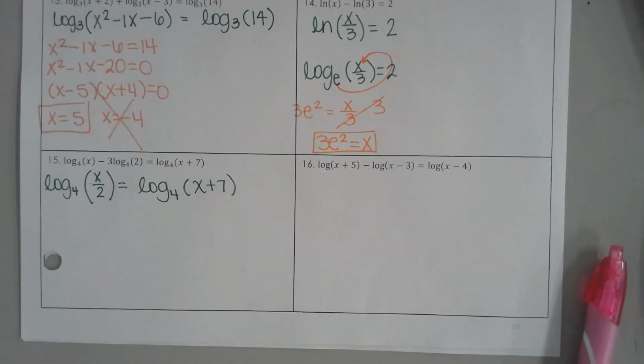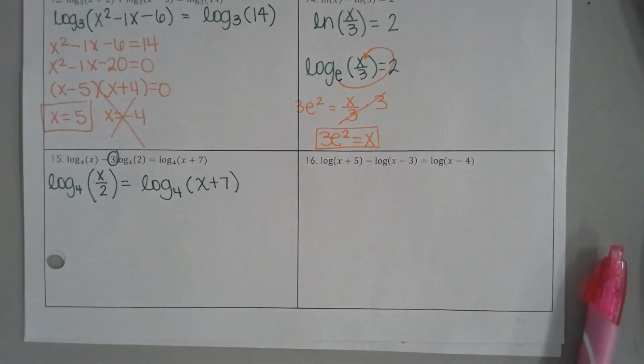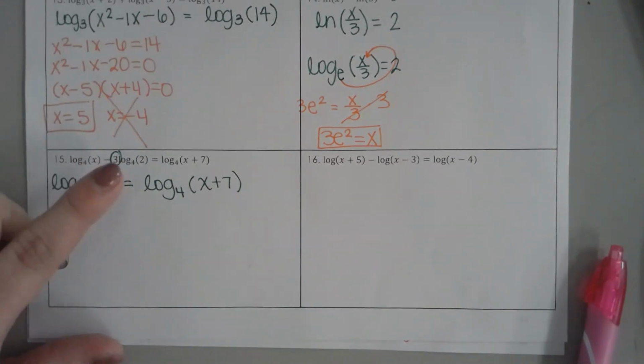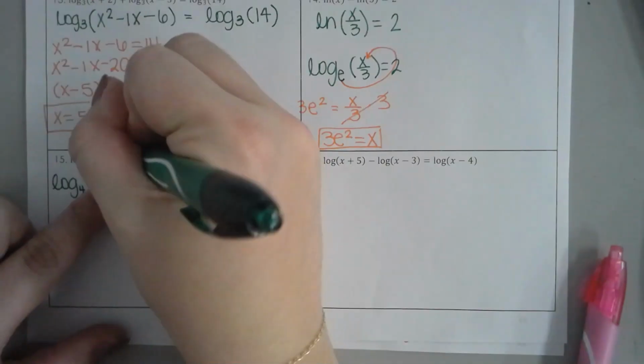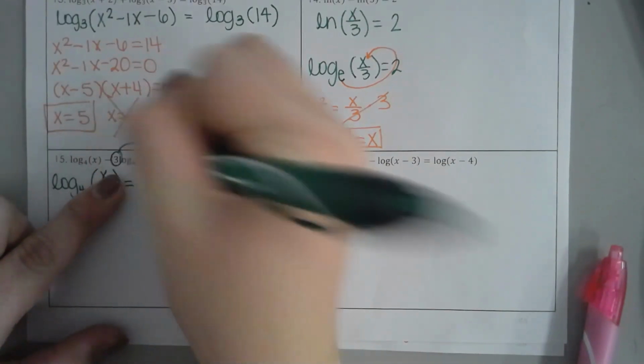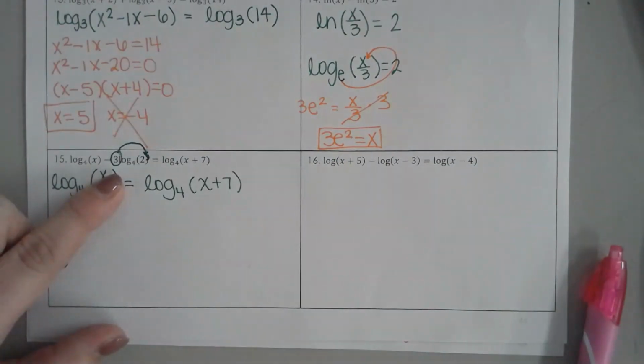So that 3 that's in front of the log becomes an exponent up there. Did anybody else notice that?